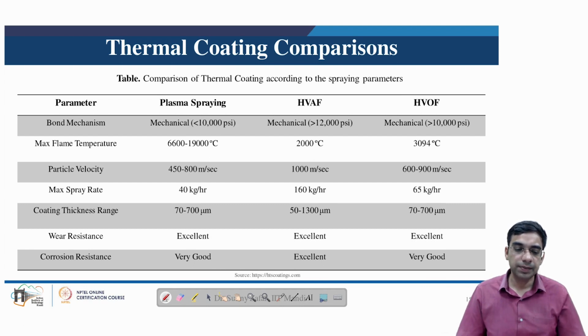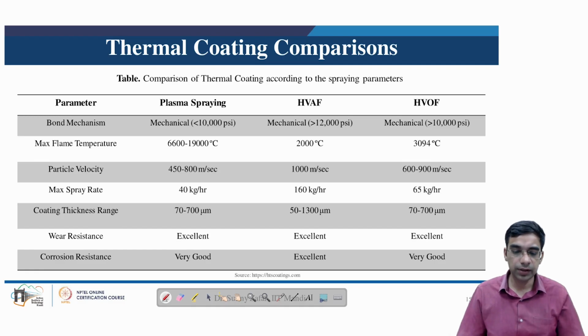In case of plasma spraying, the maximum temperature is of the order of 6600 to 19000 degrees Celsius, given the presence of plasma. In case of HVOF the temperature is around 3000 degrees Celsius, and a minimum temperature of around 2000 degrees Celsius was observed in the HVAF process.